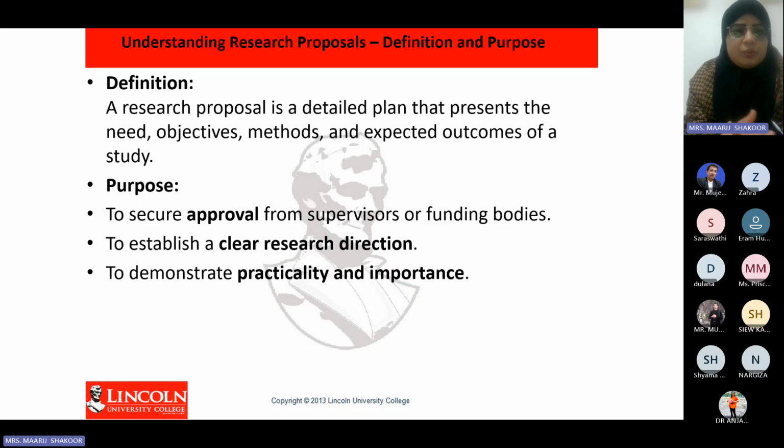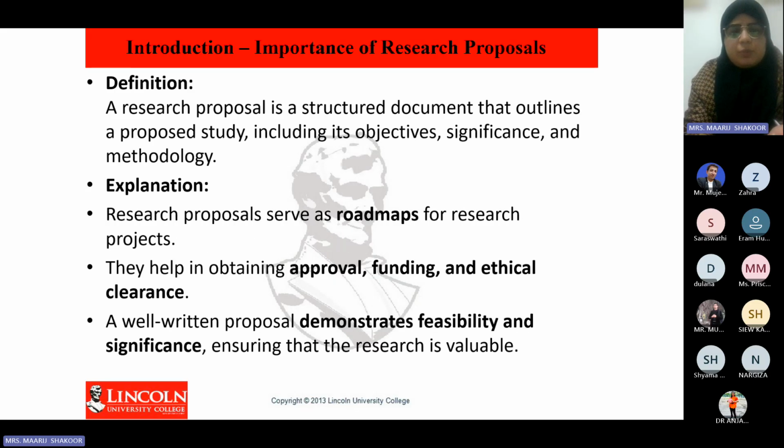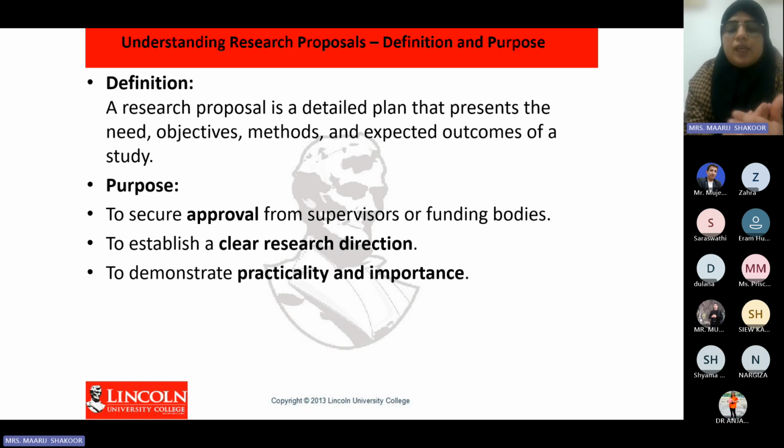I already told you that a research proposal is structured and it is a detailed plan, that shows step by step how you are going to reach your destination. It presents the need, objective, method, and expected outcomes of a study. Yes, you have to tell in your proposal the expected outcome, and how all the purposes will help you reach your destination.